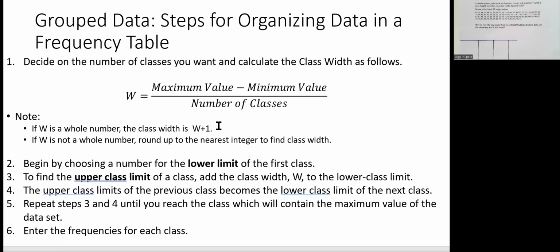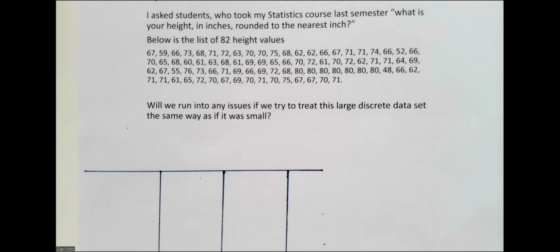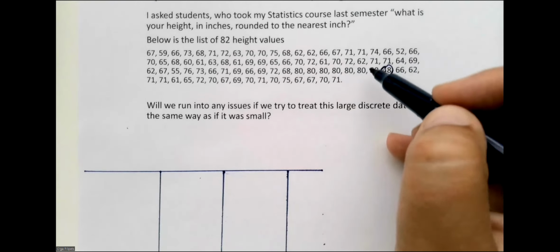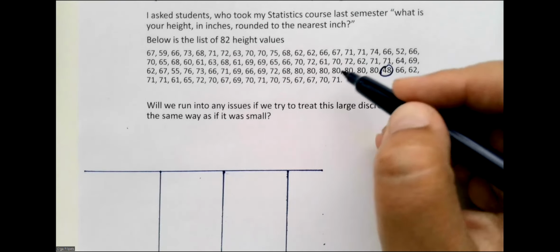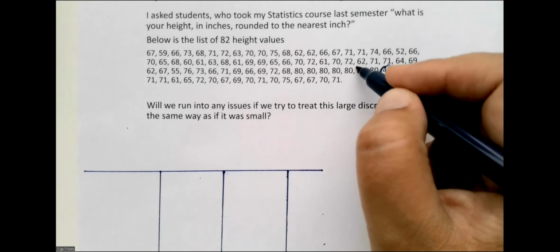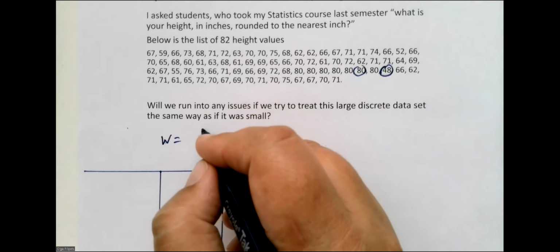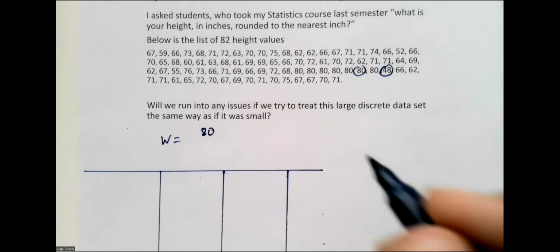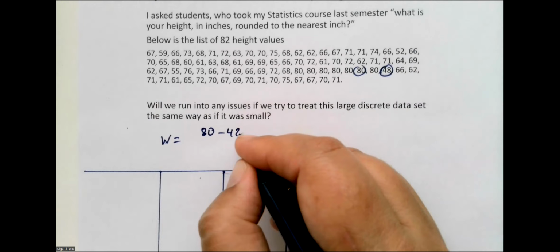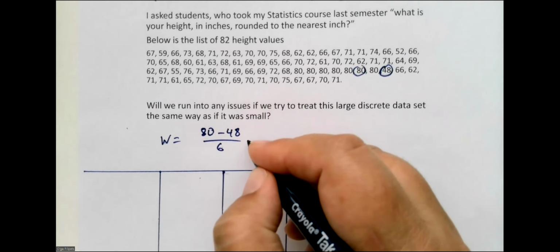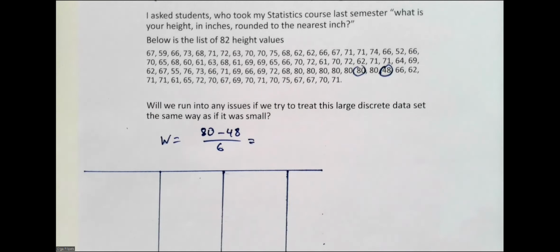Okay, so let's go ahead and do that in our example. We have to identify our smallest value. Our smallest value is 48, and our largest value is 80. We have a bunch of 80s here, and I'll choose one of them. So W is 80 minus 48, and let's have 6 classes, so divided by 6.